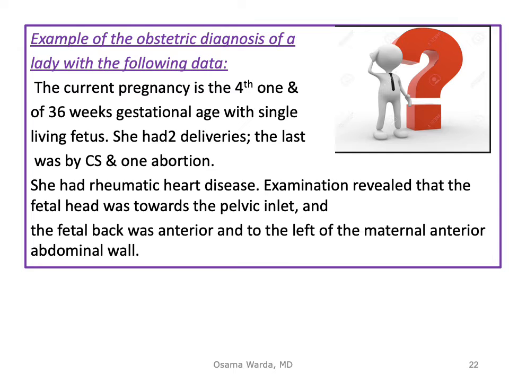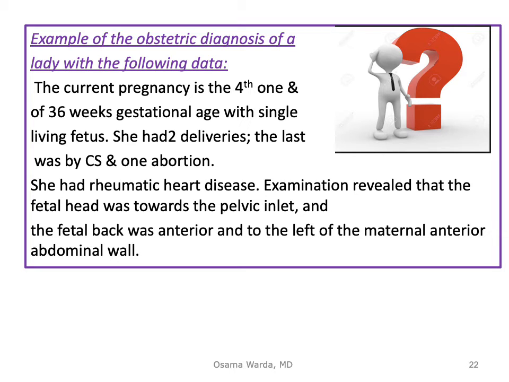The duration of pregnancy is 36 weeks. She is pregnant with a single living fetus. She had only two previous deliveries and one abortion. The first delivery was by vaginal route, and the second delivery was by cesarean section. She had rheumatic heart disease.